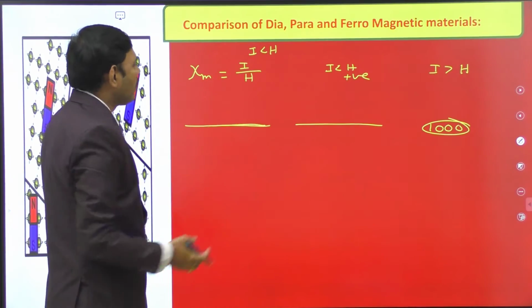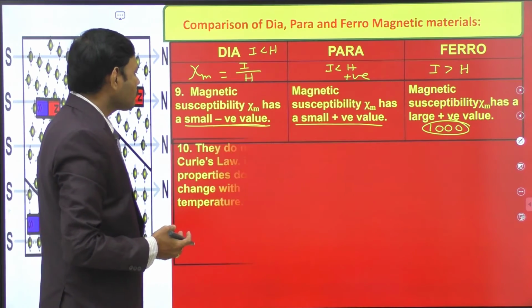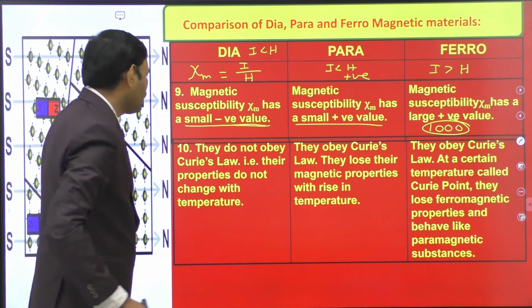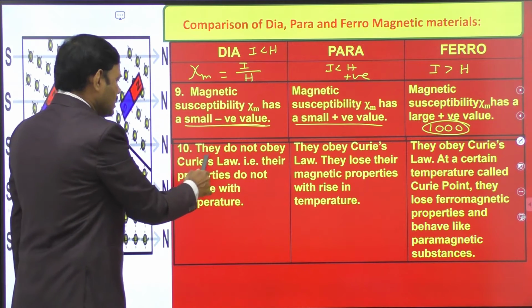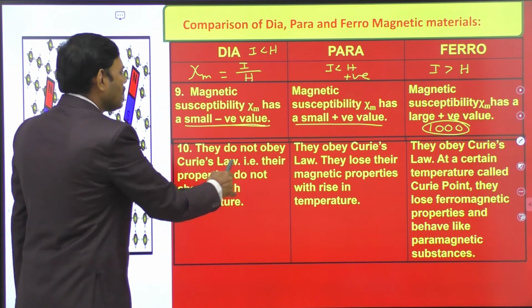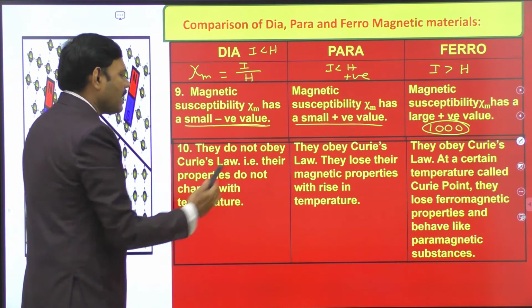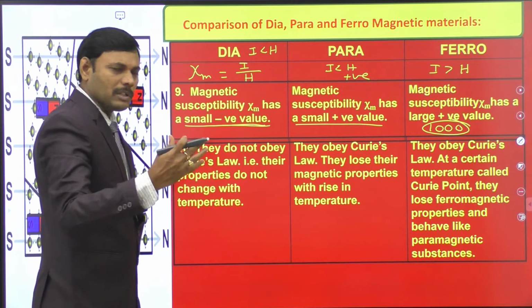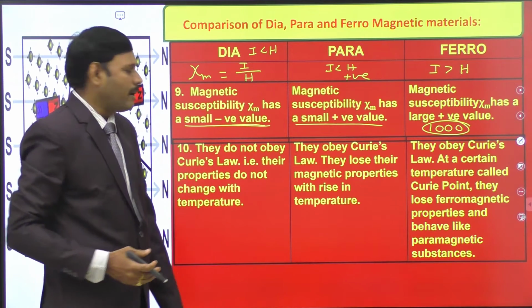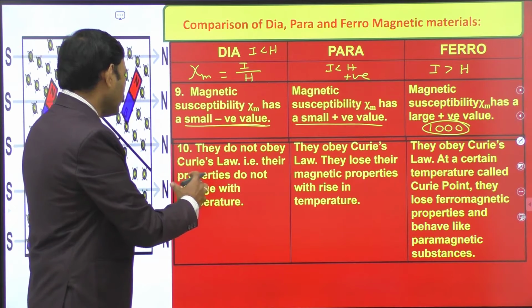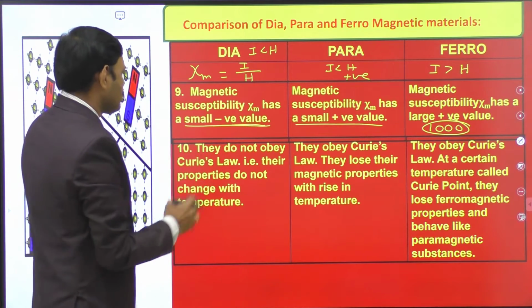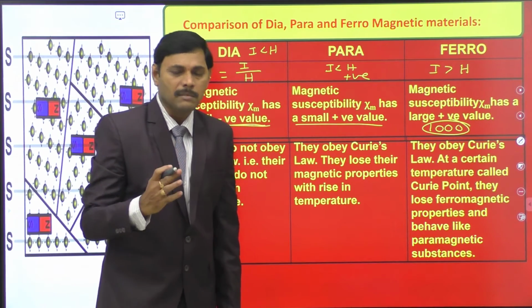Okay. Next, move on to the next classification. I already explained about susceptibility. Diamagnetic substances do not obey Curie's law; in the next slide I explain about Curie's law. Their properties do not change with temperature.